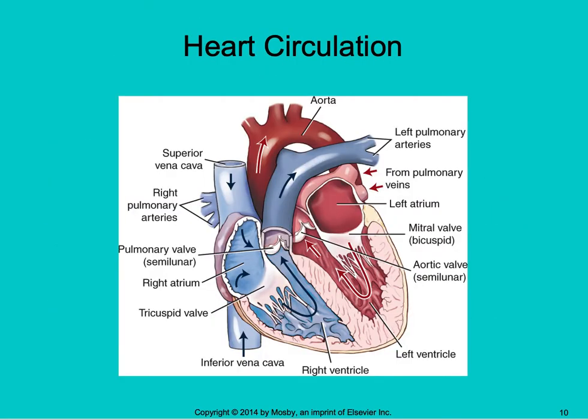So your heart circulation right here is another diagram of your heart circulation. So you can see your superior vena cava, your inferior vena cava. So those come up, your superior vena cava comes down. So those come in to your right atrium, okay?